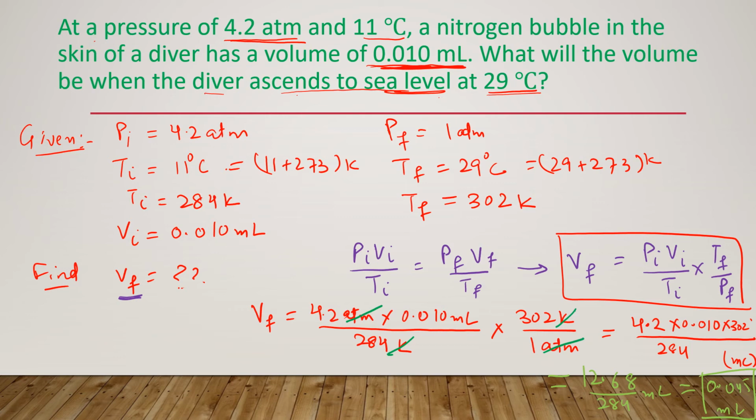The volume of the nitrogen bubble which forms in the skin of a diver will expand to 0.045 ml at sea level. So when divers ascend from the deep ocean to sea level, there is always a danger of bubble formation in the blood vessels, which can be fatal. Therefore divers ascend very slowly so that all the bubbles which form dissipate.